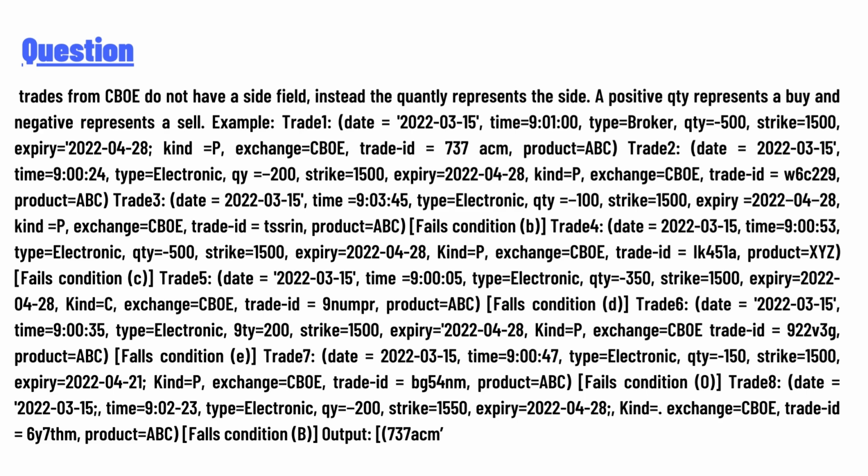Example: trade 1, date 2022-03-15, time 9:01, type broker, QTY minus 500, strike 1500, expiry 2022-04-28, kind P, exchange CBOE, trade ID 737ACM, product ABC.